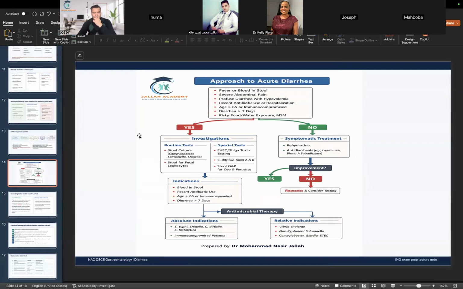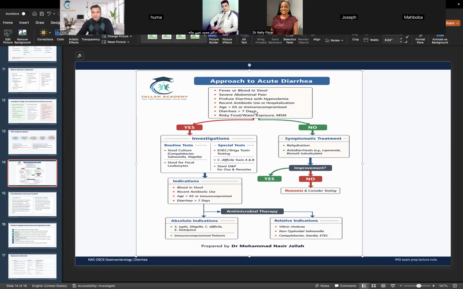All right. So the treatment is, I hope you guys can see it properly. The approach to acute diarrhea: fever or blood in the stools, severe abdominal pain, profuse diarrhea with hypovolemia. If the patient has all this, age is more than 65, diarrhea is more than 7 days, risky exposure, or is a male who has sex with other males, then in that case we do this.